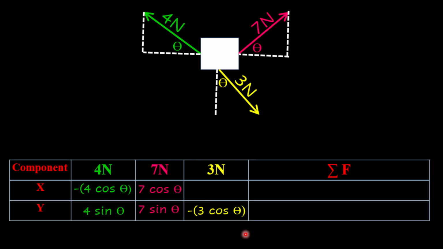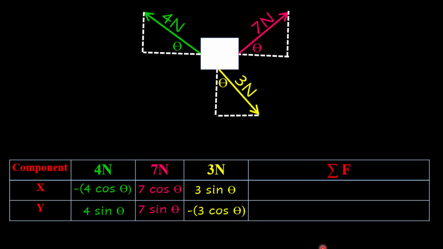Now, the x component will be going towards the right in this case, which means it's positive, and so the x component must be 3 sine theta. Why sine? Because the x component is opposite to the angle. Again, if you use Cartesian, you'll take it all the way from the positive x anti-clockwise, and you use cos instead of sine. So you end up with a positive value as well.